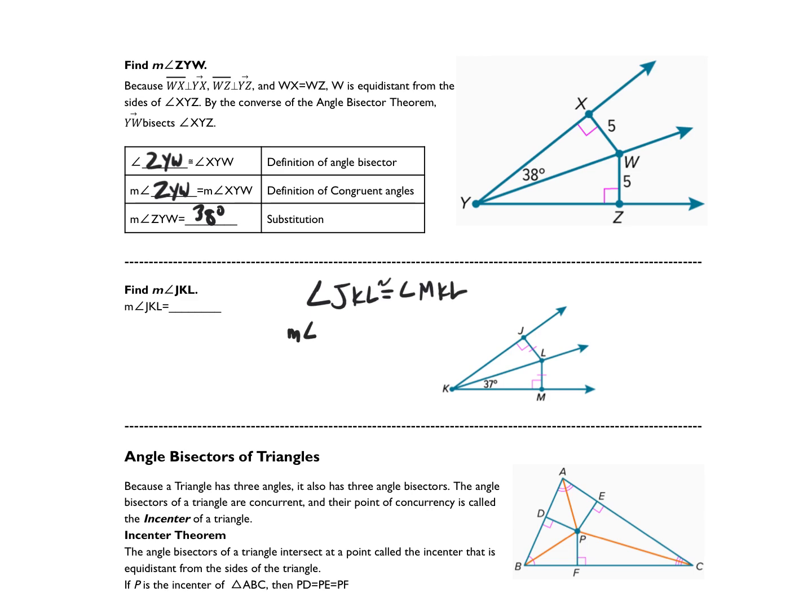So the measure of angle JKL is equal to the measure of angle MKL, and we can substitute in that 37 degrees.